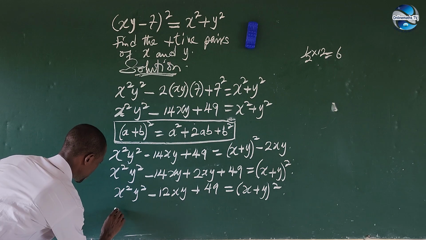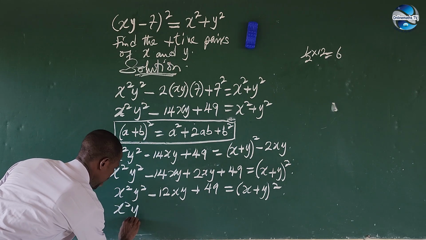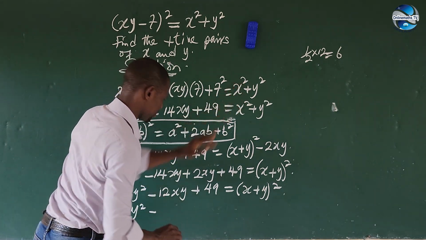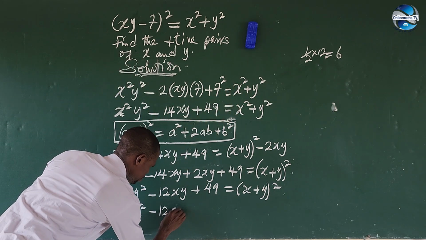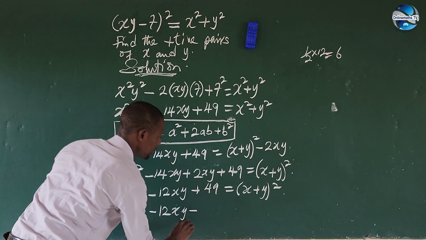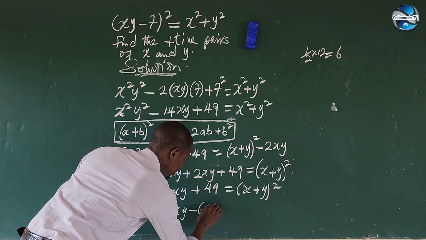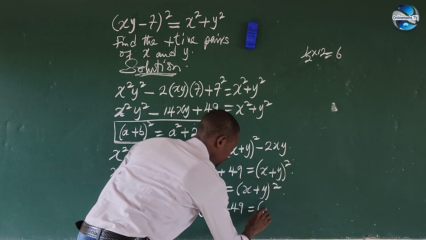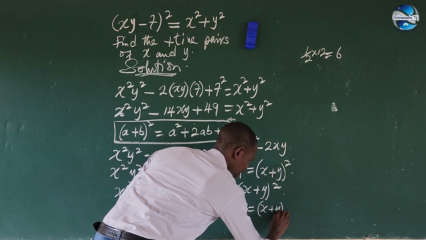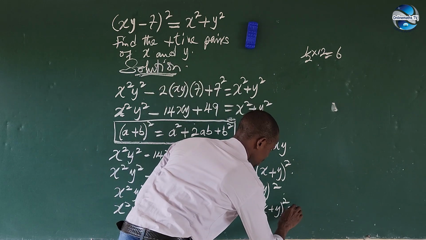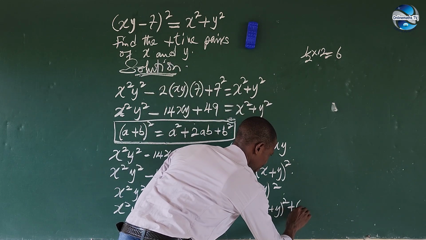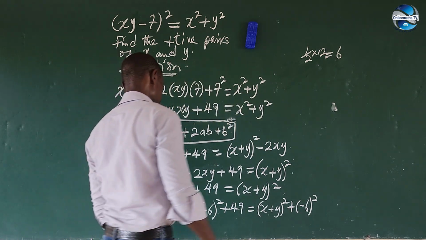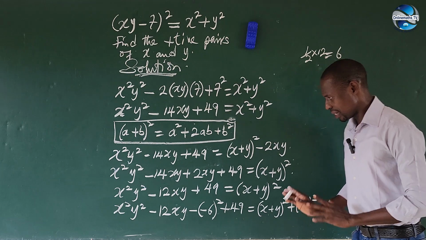If we do that, we're going to have x²y² − 12xy + (−6)² + 49 equal to (x + y)² + (−6)². I believe we'll learn something from here, and don't worry, everything will be clear.